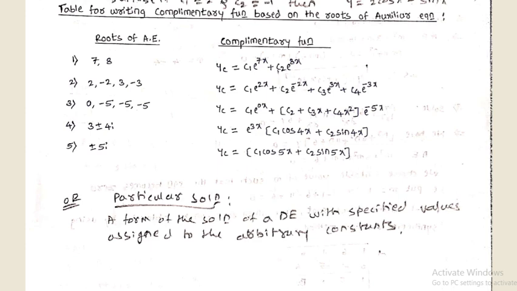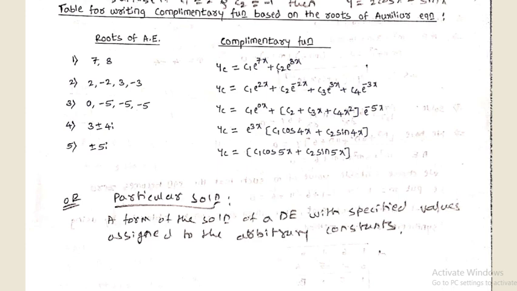First one: the roots are 7 and 8. Both roots are different, so its complementary function is according to case number 1, as we discussed earlier: c1 e to the power 7x plus c2 e to the power 8x. Then the second one: 2, minus 2, 3 and minus 3.